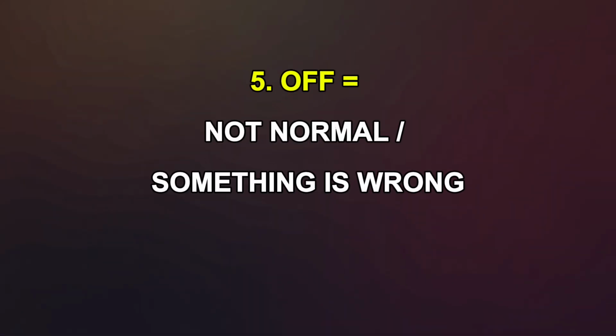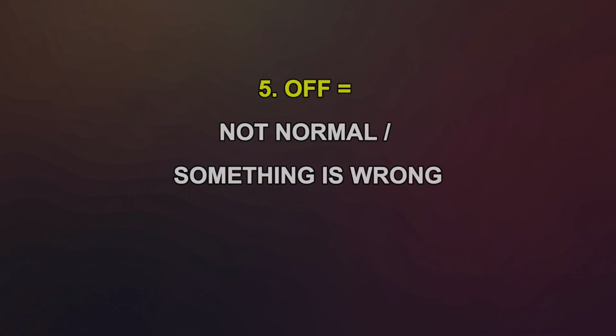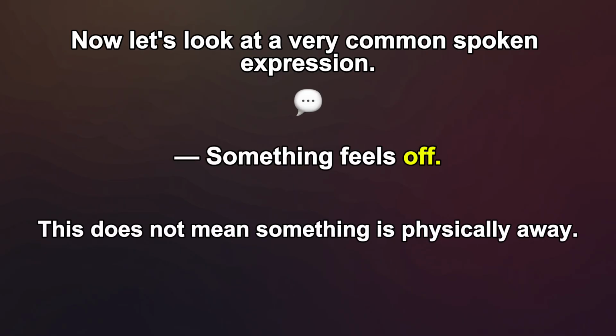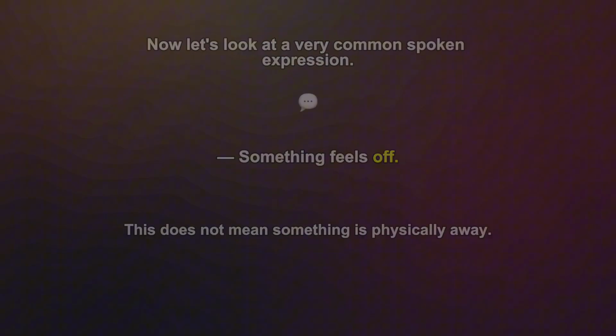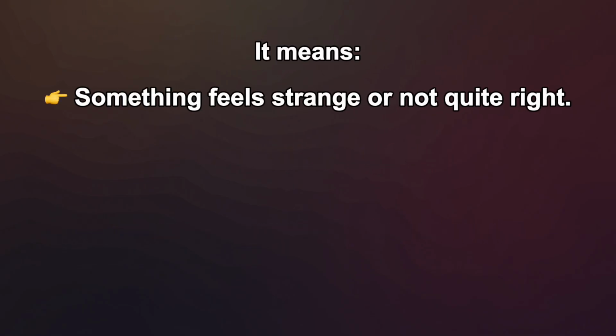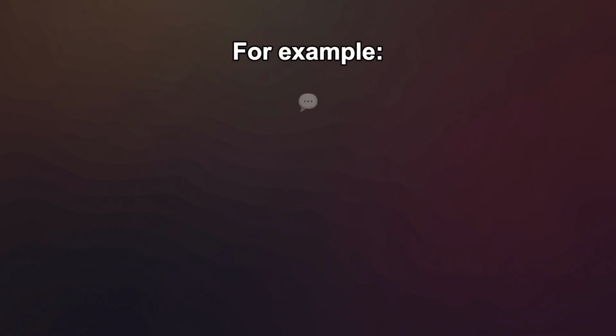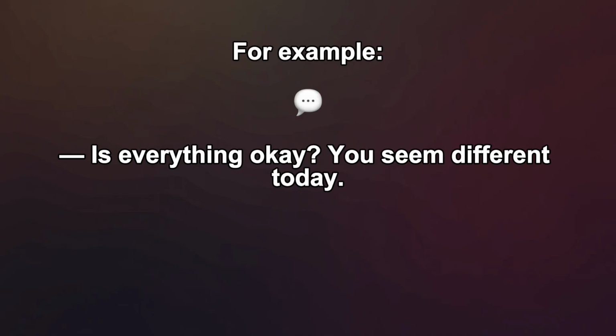Off equals not normal. Something is wrong. Now, let's look at a very common spoken expression. Something feels off. This does not mean something is physically away. It means something feels strange or not quite right. For example, is everything okay?